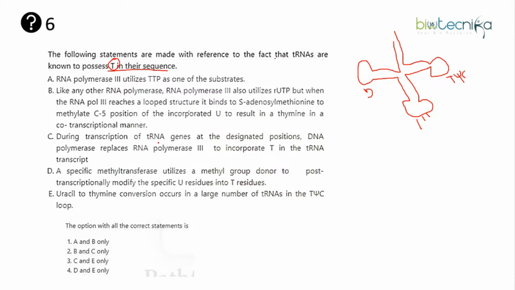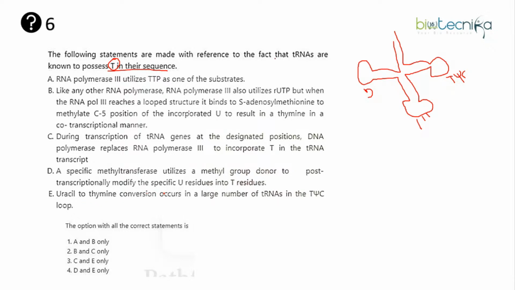During transcription of tRNA genes at the designated position, DNA polymerase replaces RNA pol 3 to incorporate T in the tRNA. A specific methyl transferase utilizes a methyl group donor to post-transcriptionally modify the specific uridine residues to T residues.